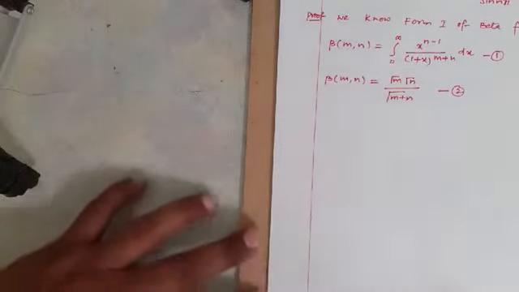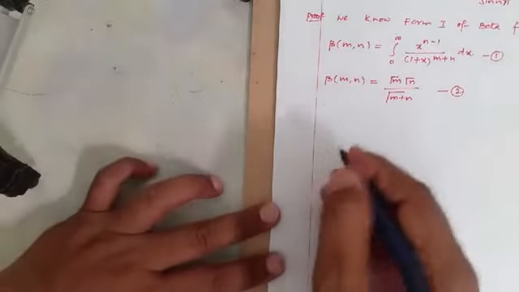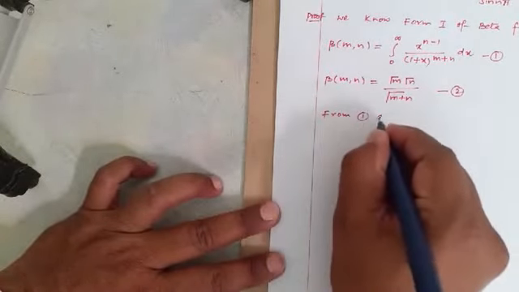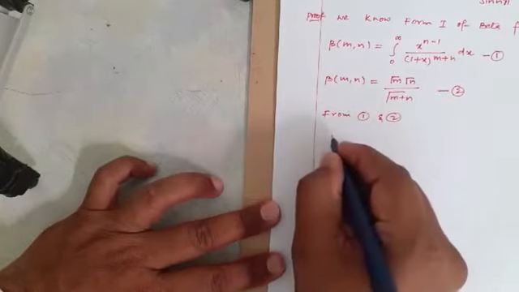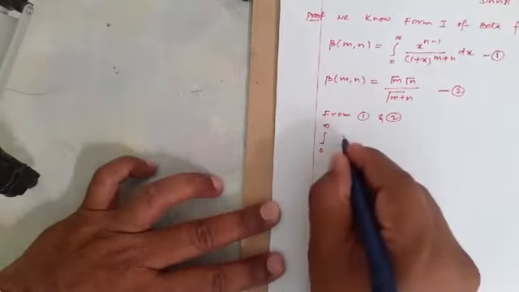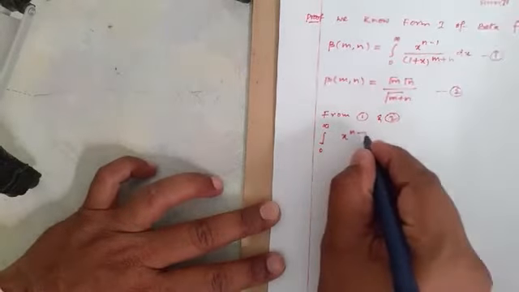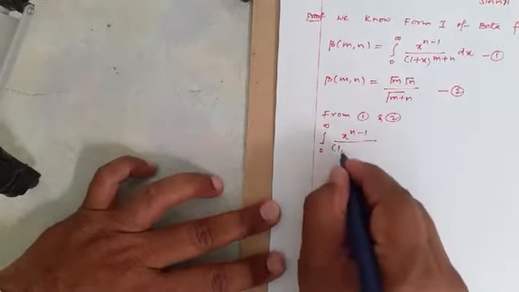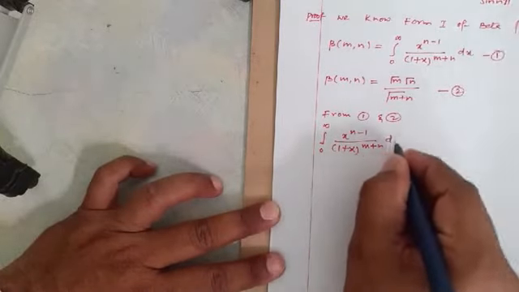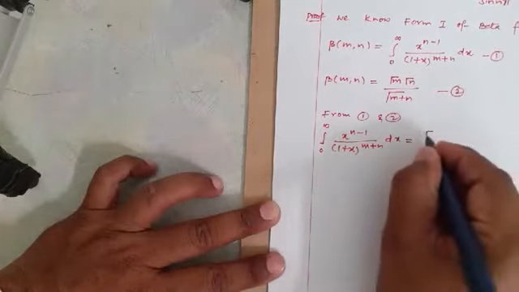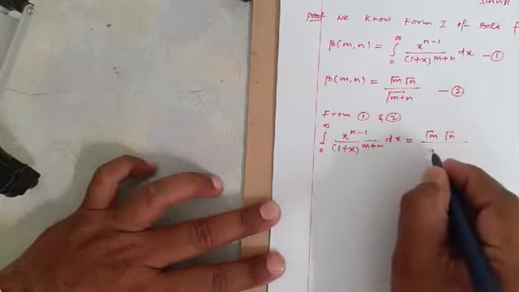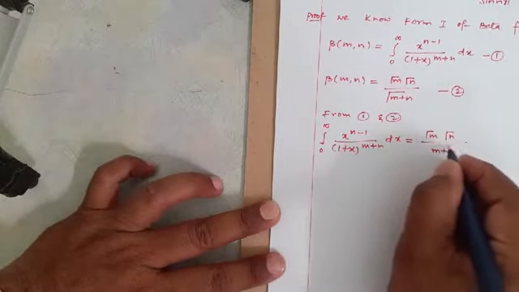Now from 1 and 2 we write this as integral 0 to infinity x power n minus 1 upon 1 plus x whole power m plus n into dx is equal to gamma m gamma n upon gamma m plus n.